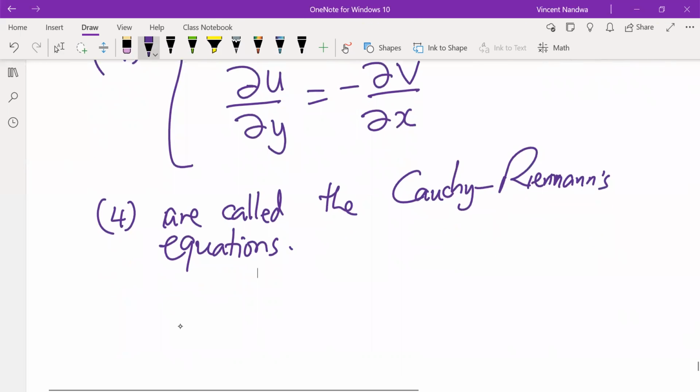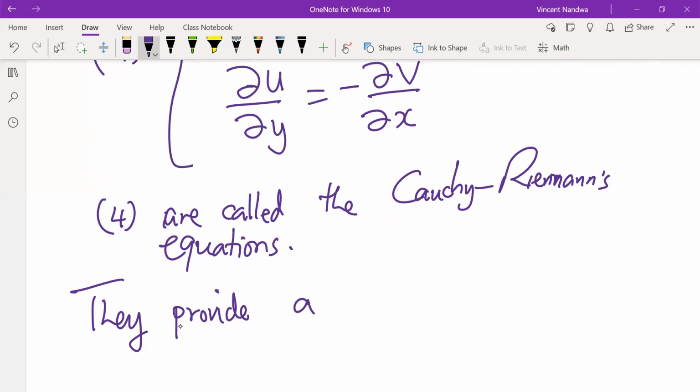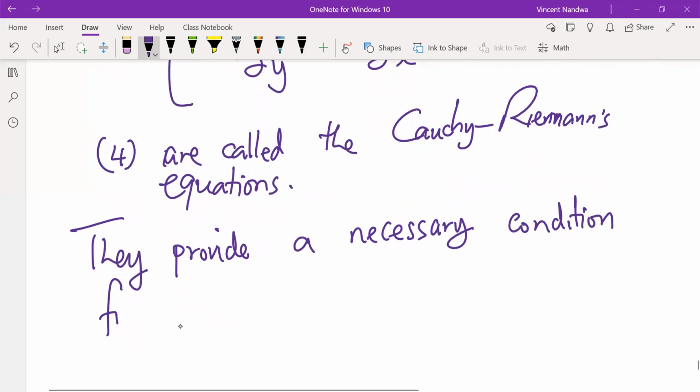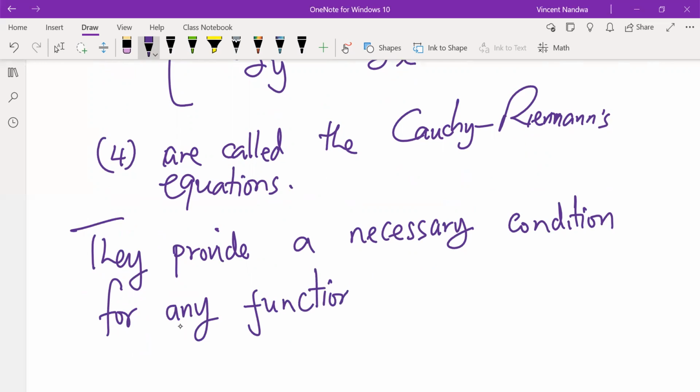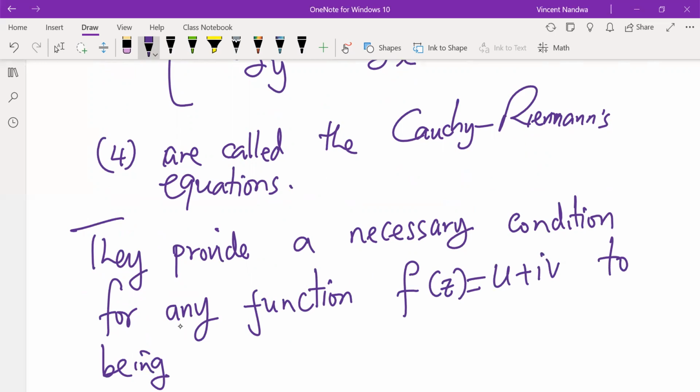And actually, they provide a necessary condition for any function f of z given by u plus iv to be analytic.